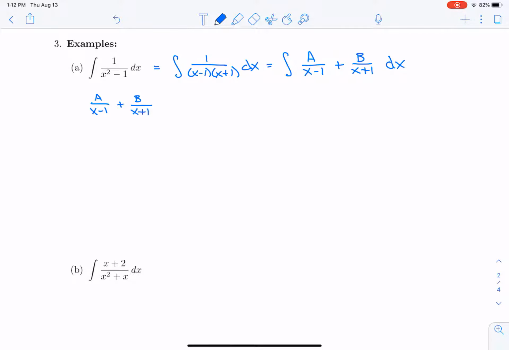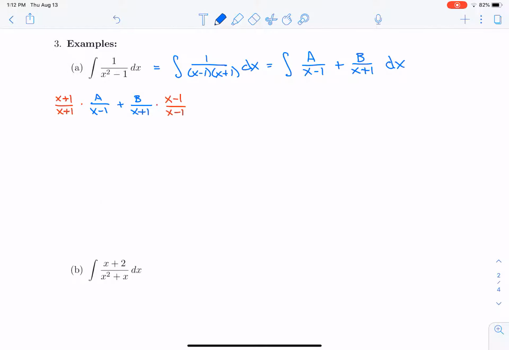Okay, so I need to look at A over x minus 1 plus B over x plus 1. And I need to think about how I would combine those two fractions, and the way to do that is to find a common denominator. I would have to multiply the top and the bottom by x minus 1 for that second fraction, and then I'd have to multiply the top and the bottom for the first fraction by x plus 1.